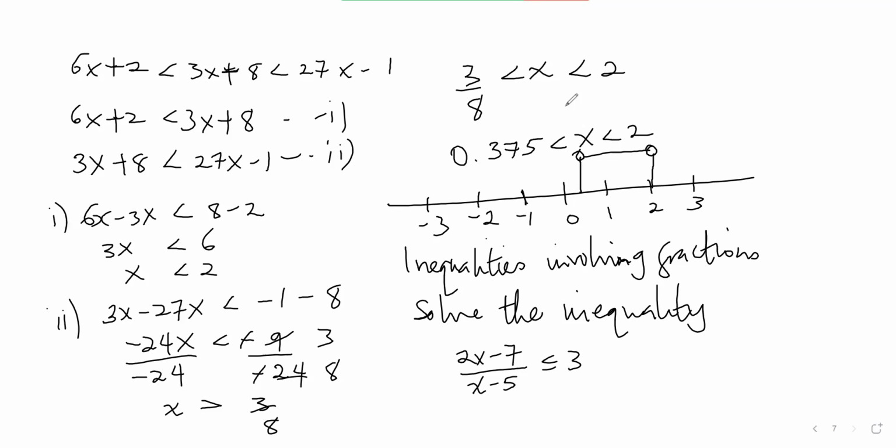So this one, because it is an inequality, it's not an equation, you cannot bring this value on this side. The best way of solving it is by subtracting 3 from both sides, then getting the LCM of that.